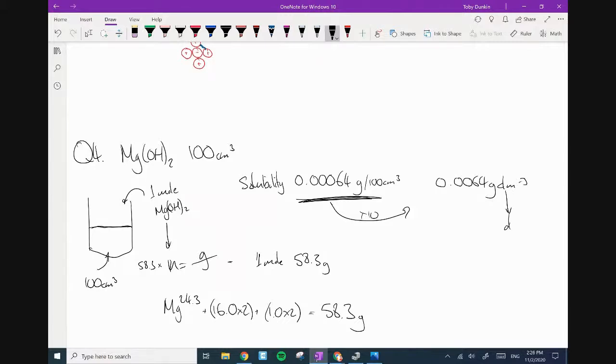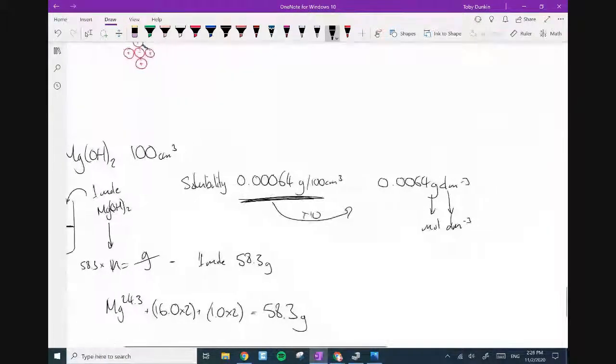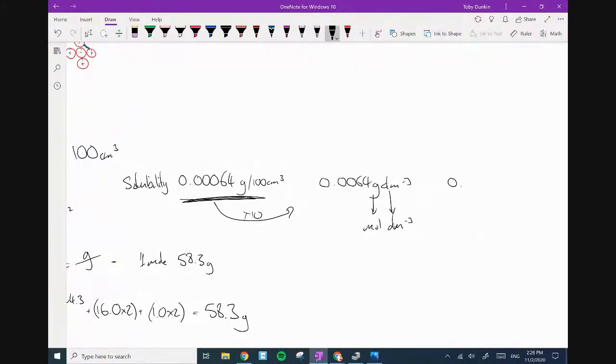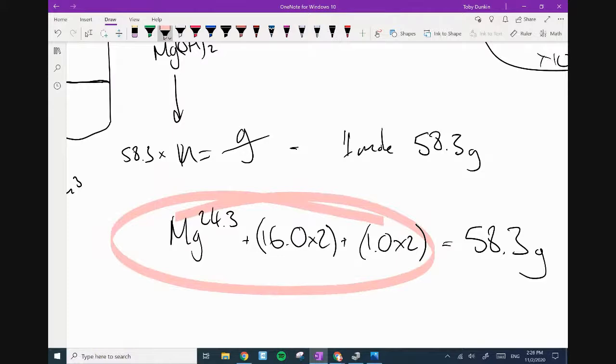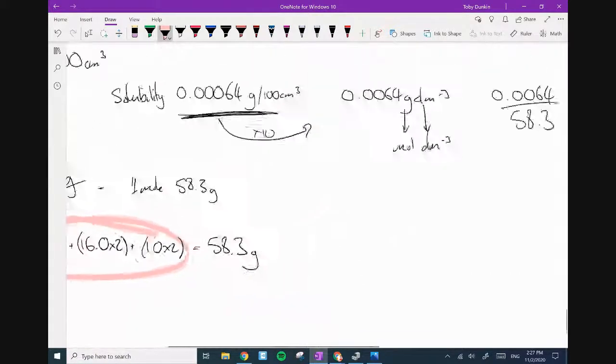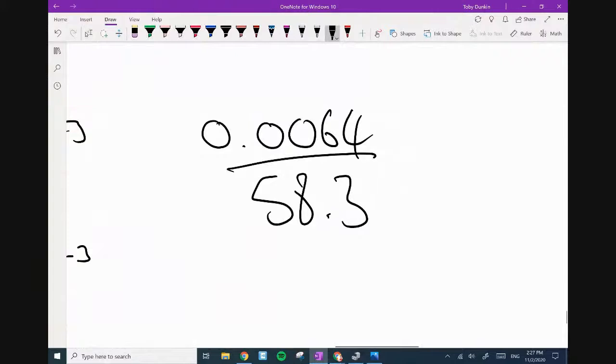Right, I want moles per liter, so I need to change that to moles, grams over Mr. Remember, year 13, what you need to remember is that is not allowed. The mark is for 58.3. Please stop doing it. So, grams over Mr, 0.0064 divided by 58.3 gives me 1 times 10, oh, sorry.